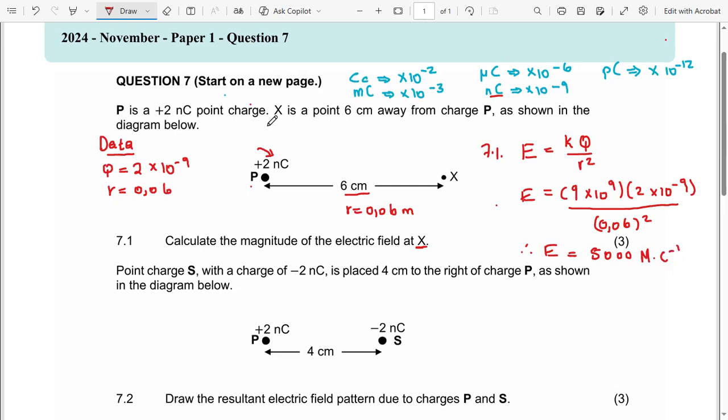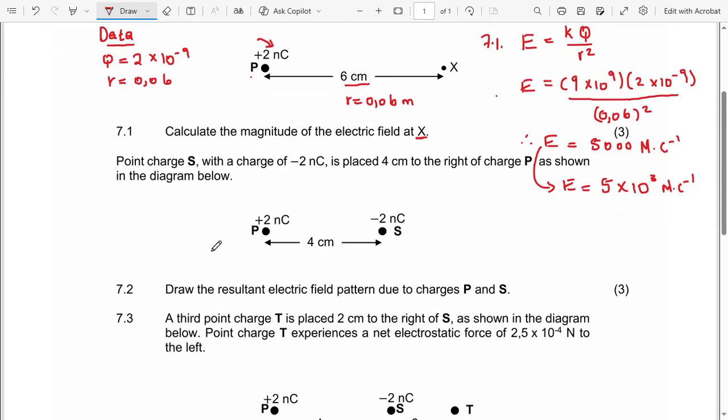Now let me also give the examiner this answer in scientific notation. I can write this as 5 multiplied by 10. How many zeros do we have? 3 of them. This is in scientific notation, because most of the things when you work in electrostatic force, you should have them in scientific notation.